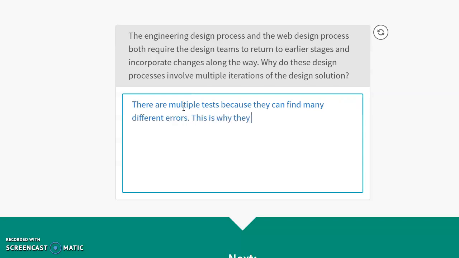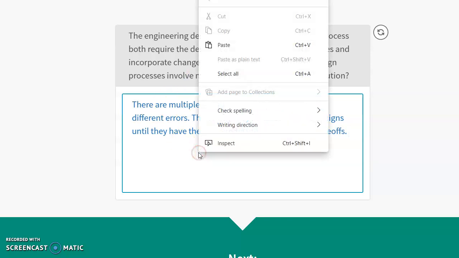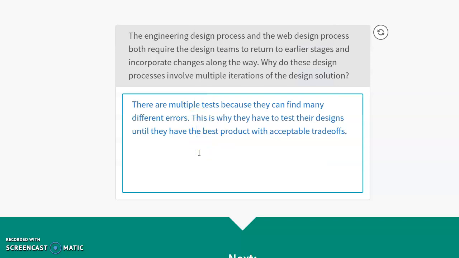This is why they have to test their designs until they have the best product with acceptable trade-offs. Right? It has to be the best product they can possibly do, even after all of this testing, and the trade-off, whether it's more expensive or cheaper, has to be worth having because it has so many good solutions.